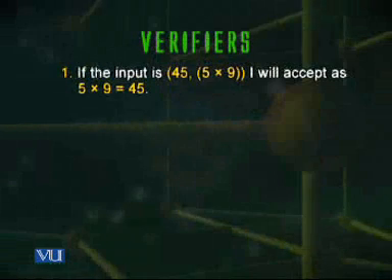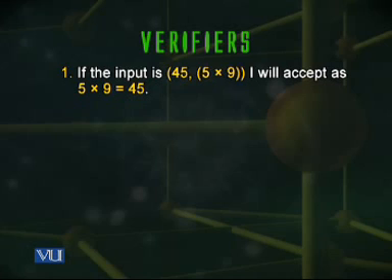Let's look at this example a bit more closely. Now suppose you give me as an input the following pair. You give me 45 along with 5 and 9. The way I'm going to interpret the input is as follows. The first part is 45, and you're claiming that 45 is a composite number.